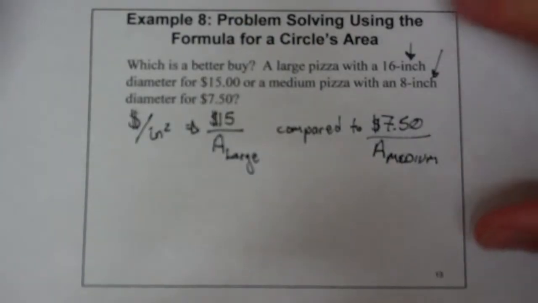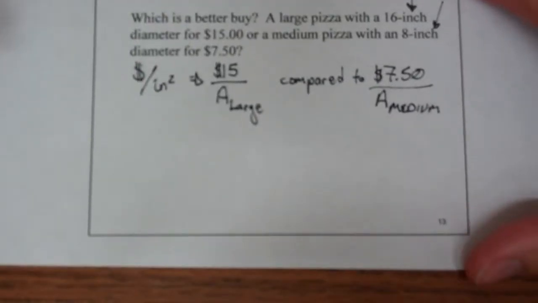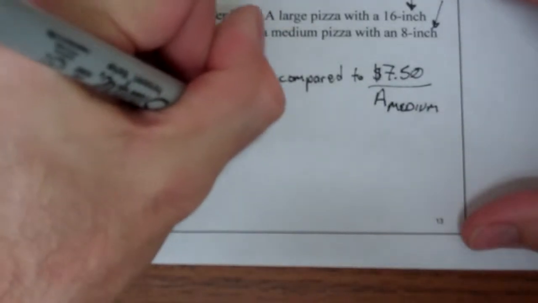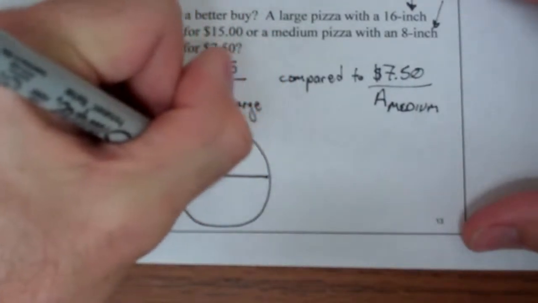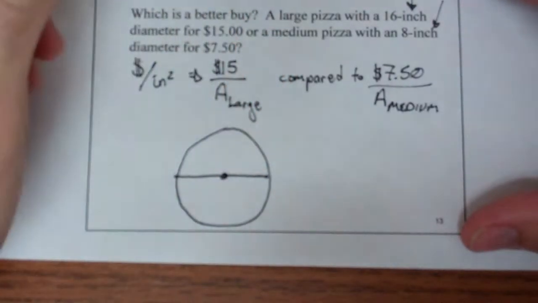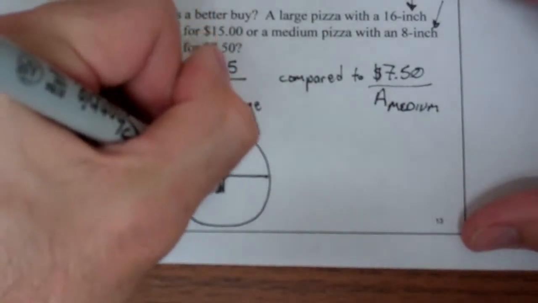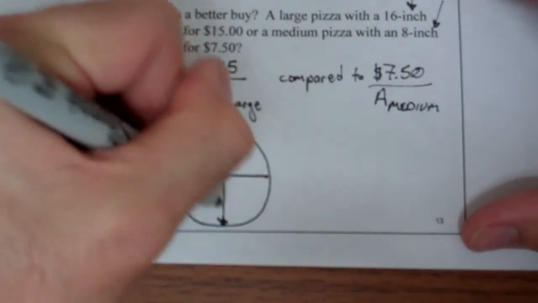But what I'd like you to remember as we go through this problem is that the diameter is not only getting bigger in this direction, the diameter is also getting bigger in this direction.